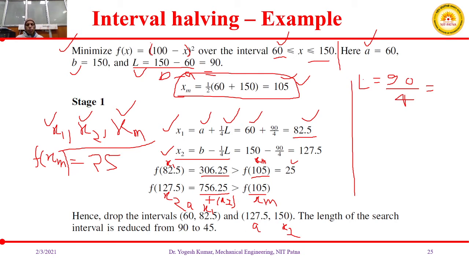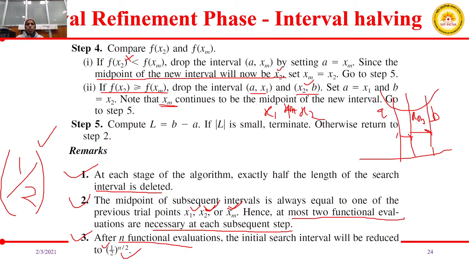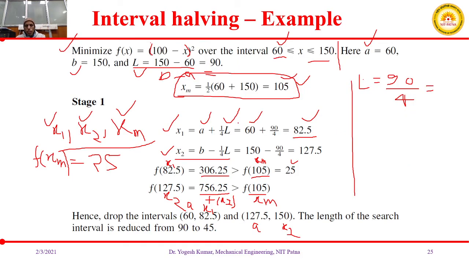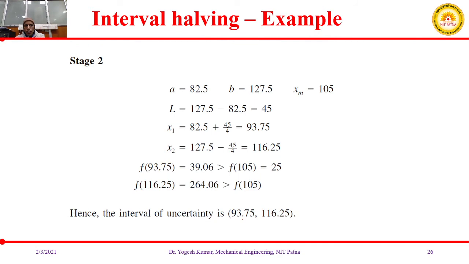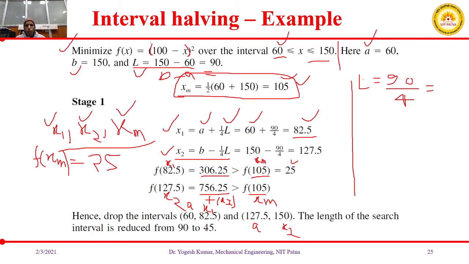So what will be the interval in which your search will remain? Here your a will be x1, and b will be x2. As I was thinking, there is some typo error.